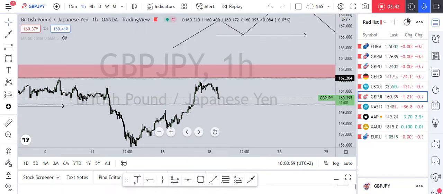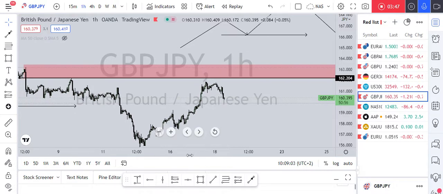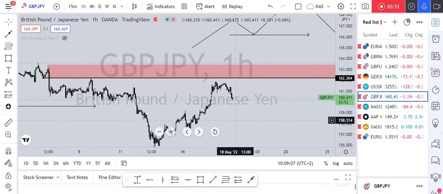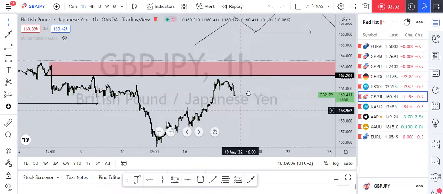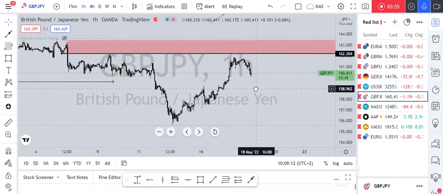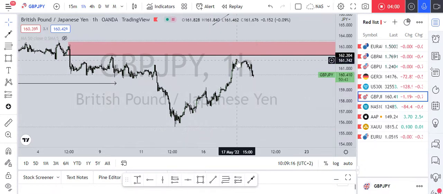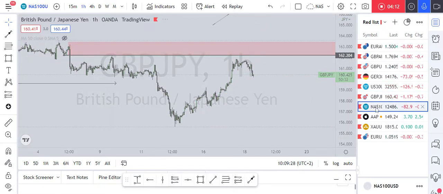Actually, I was watching it from around 11 to around 4 or 5 p.m. South African time, and as you can see, it did turn before that. It didn't turn at our desired setup and didn't drop there, so we couldn't enter. One thing we did enter was Nasdaq.